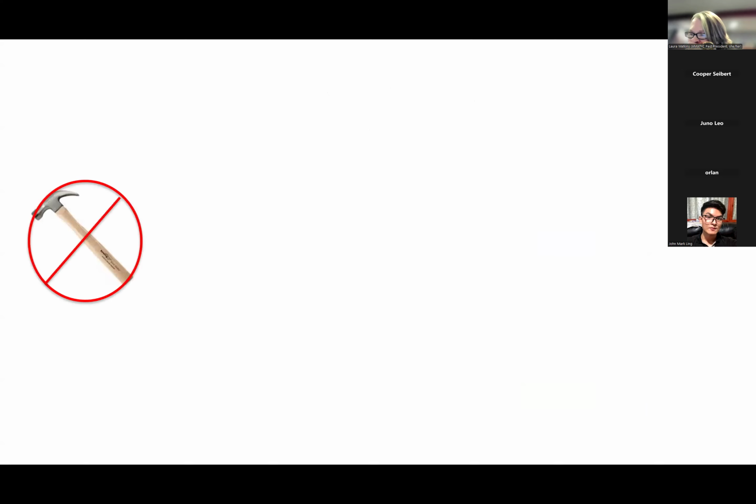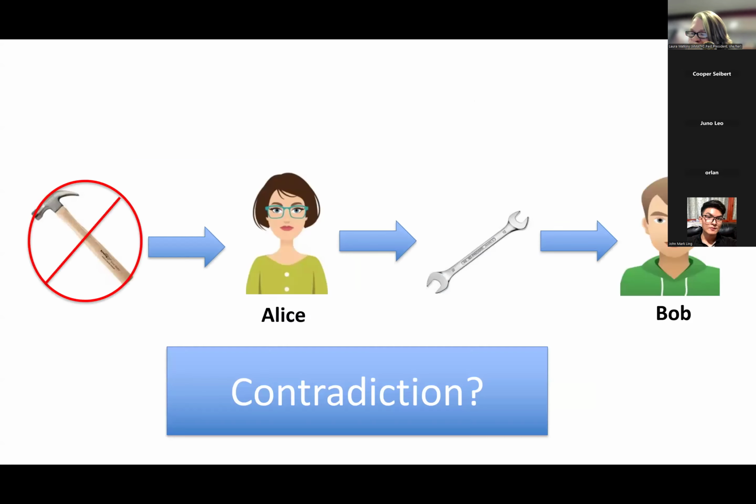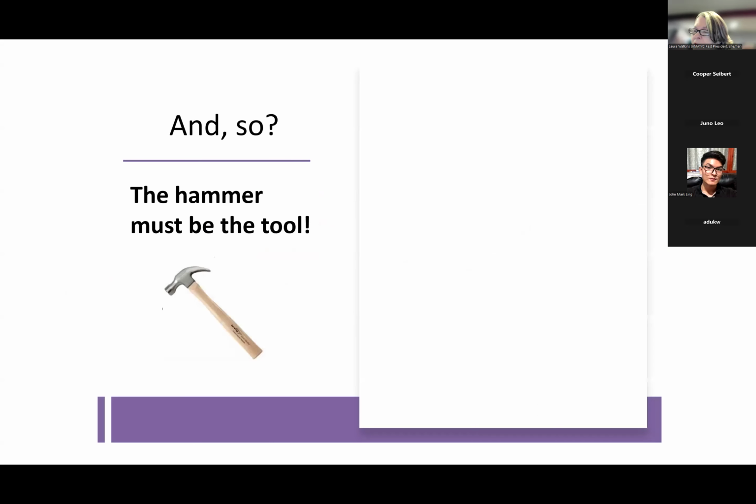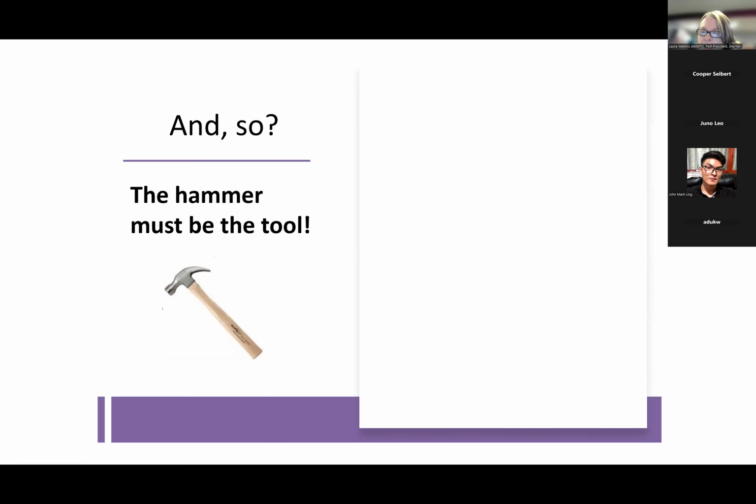Let me go back here. So we know it's not the wrench, so we know it can't be Bob. We know it's not Alice because it's not the wrench. I guess this is also assuming that we're ignoring vacuously true statements, right?